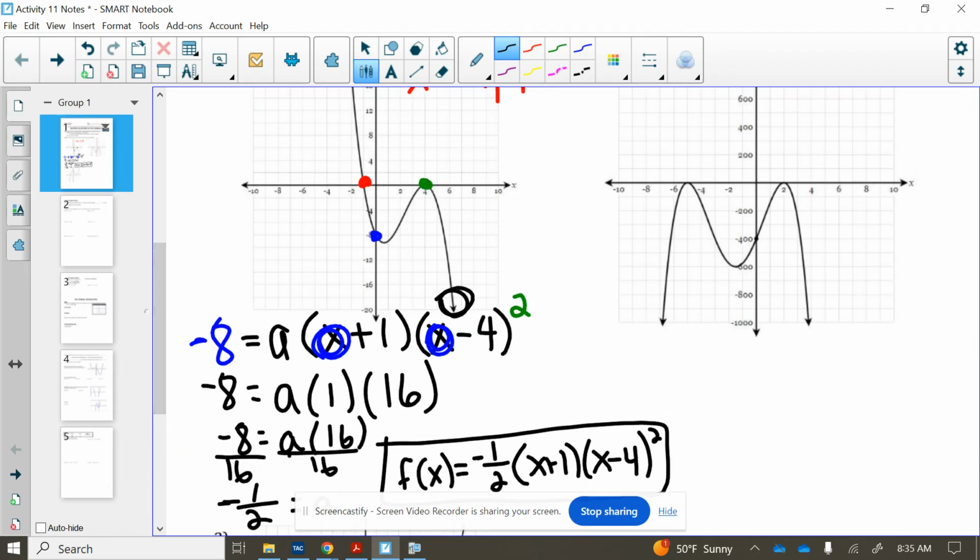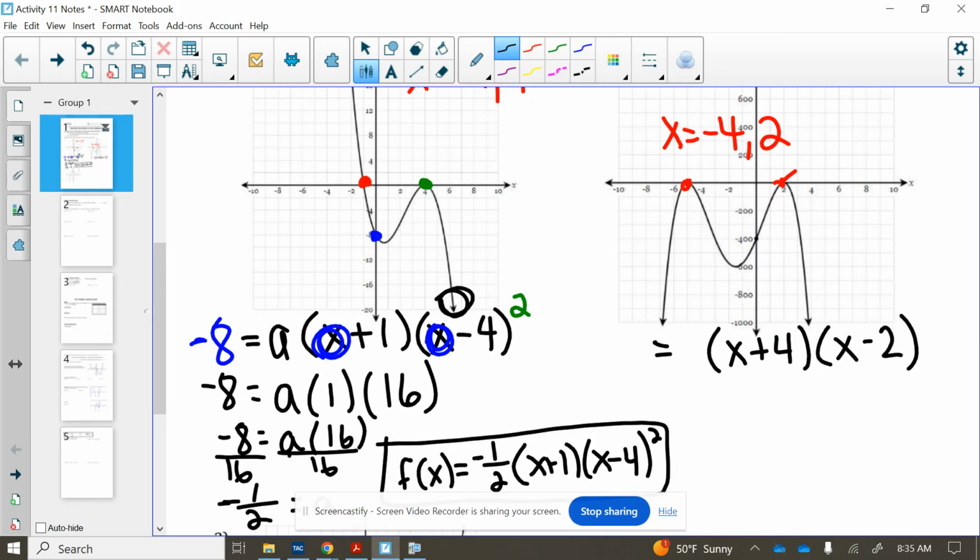On the second graph, this time we have 2 x-intercepts. One of them is at -4, the other is at +2. And again, as we plug this in, we notice that when you put it into factored form, again, kind of looks like the sign is flip-flopping from what it is at the actual zero.